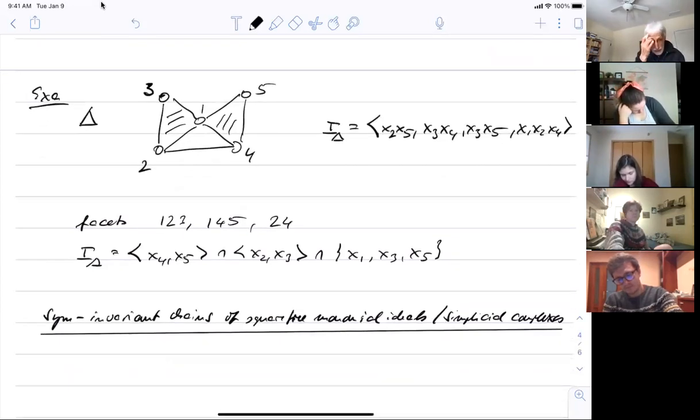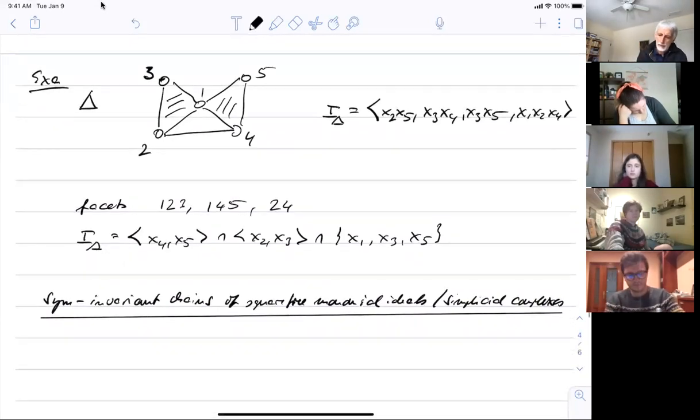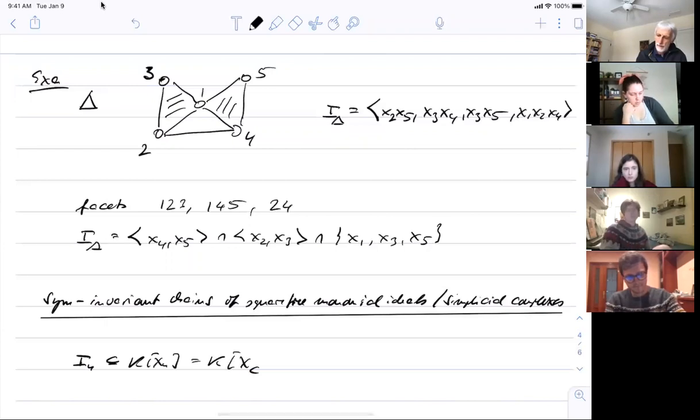What we want is that each ideal I sub n, which is in the polynomial ring in C times n variables, C rows and n columns, is Sym n invariant.